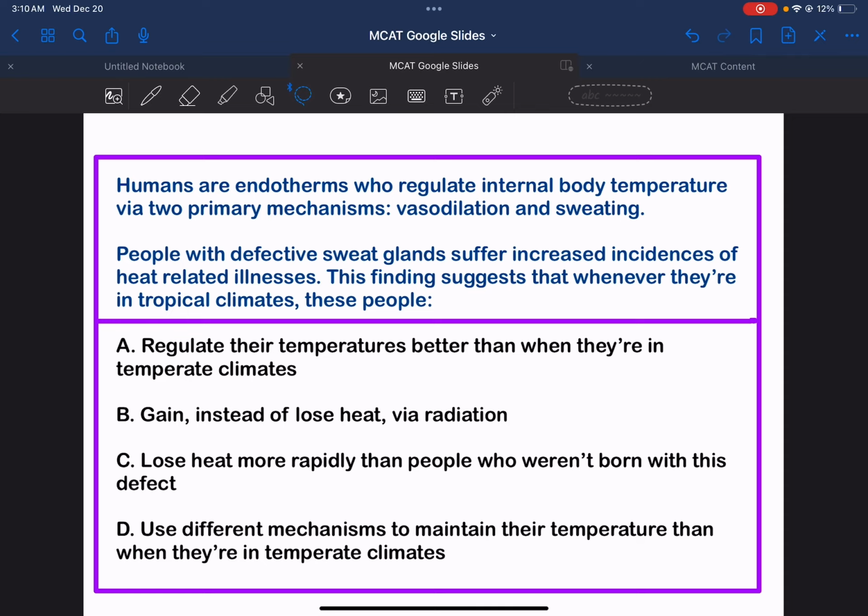A lot of times when you're reading these passages, to answer the question, it only requires you to pull from a certain section of the passage, not the entire thing, and also mix that small section with your baseline knowledge in order to arrive at the right answer. And as always, it's going to take some critical thinking mixed with that as well. So go ahead, pause, read the question, see if you come up with the right answer.